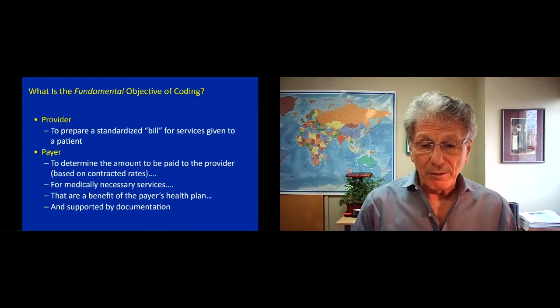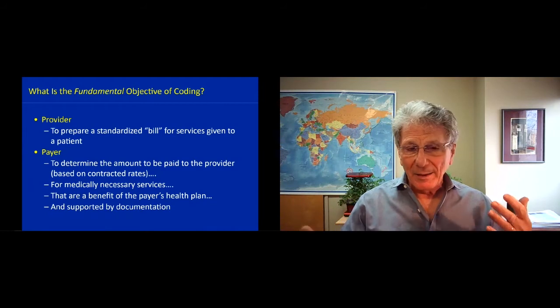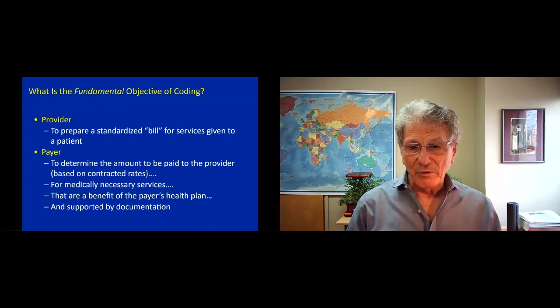The third thing they're going to look for is whether or not what you're billing for is actually a benefit of their health plan. An example of that might be, again, I'm going to give you lots of California examples, I'm sure they're similar in Tennessee, but our state Medicaid program is quite generous, but one of the things they don't pay for is infertility services.